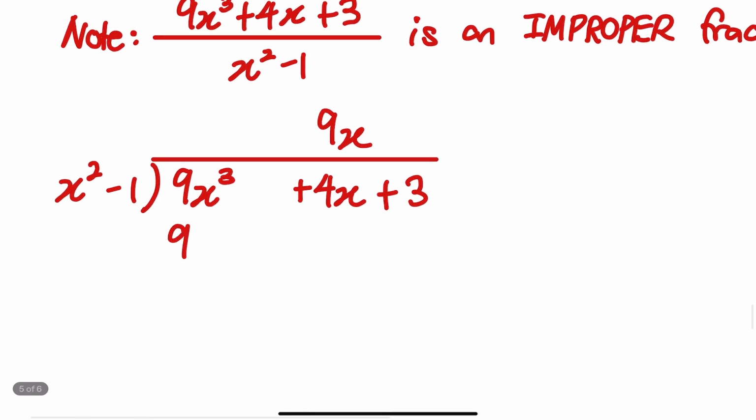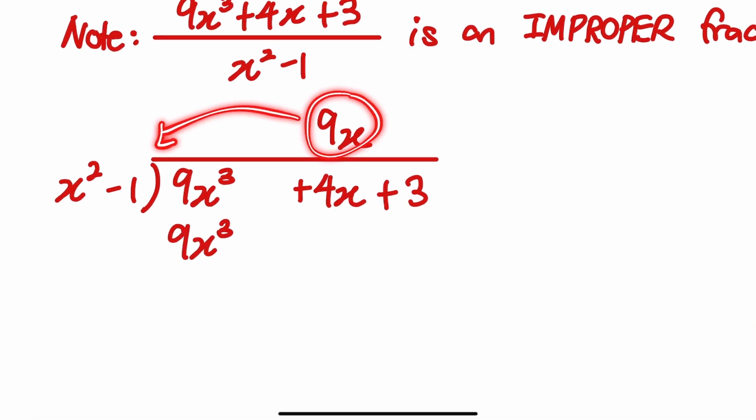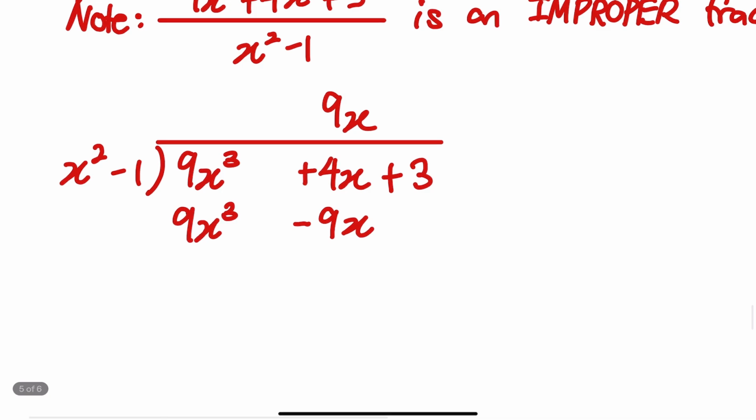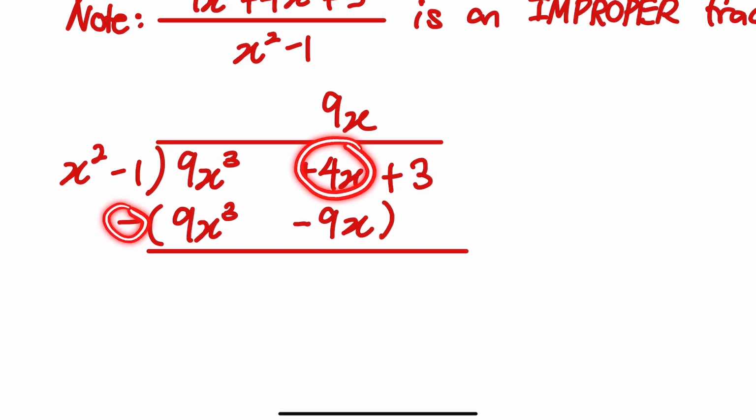This will become 9x cubed. Then 9x multiplied to this entire divisor here, I'll get minus 9x. Then now I subtract the entire thing. So this will be 4x minus negative 9x, which will give me 13x plus 3.